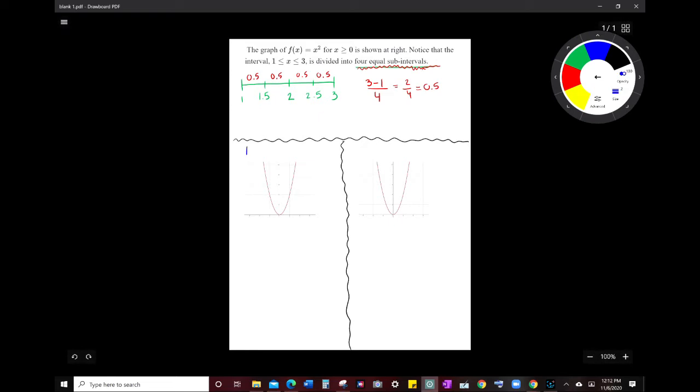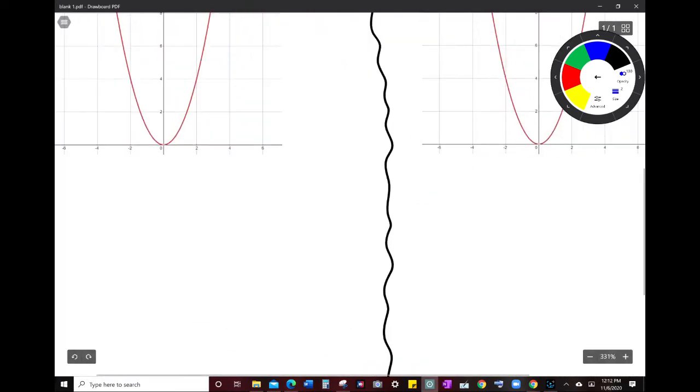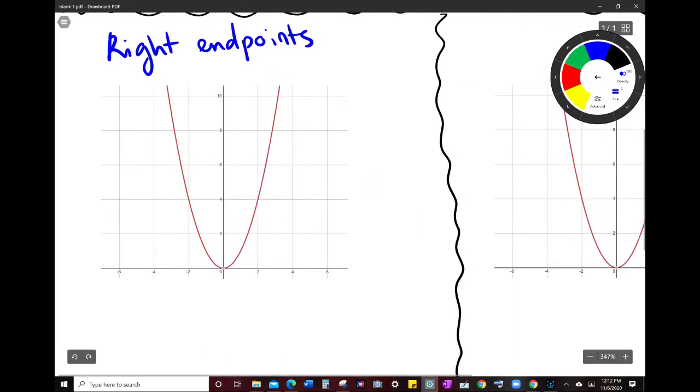Okay, so we have right endpoint. Now I will zoom in here, and we just focus on right endpoint. So this is f of x equals x squared, right?